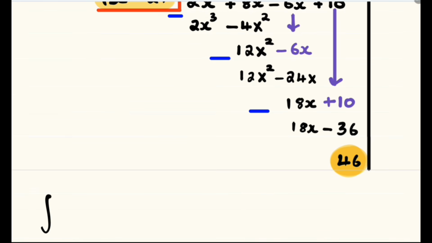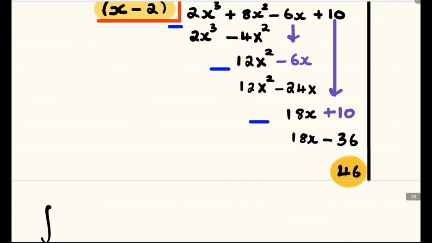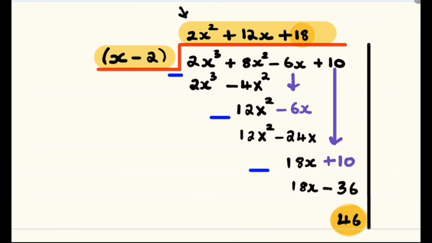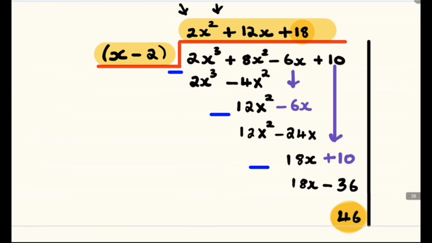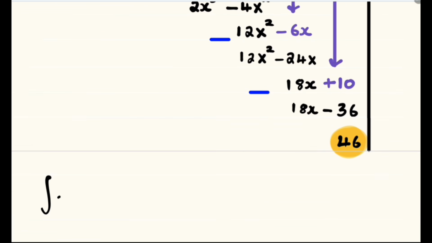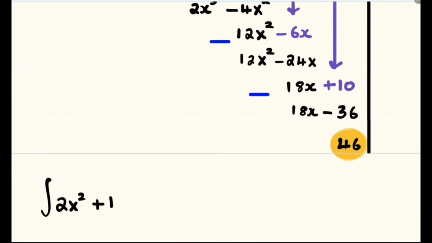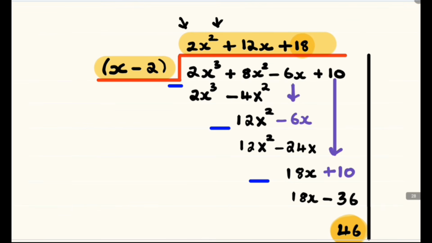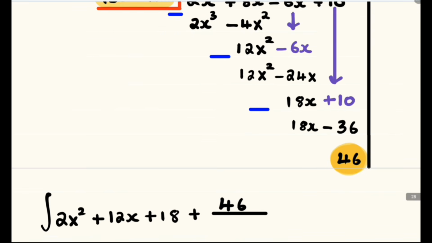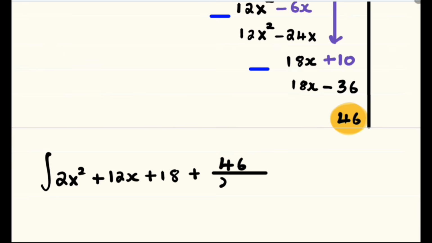We are going to have the integral of 2x squared plus 12x plus 18, and we have our remainder, the 46, which we divide with the x minus 2.